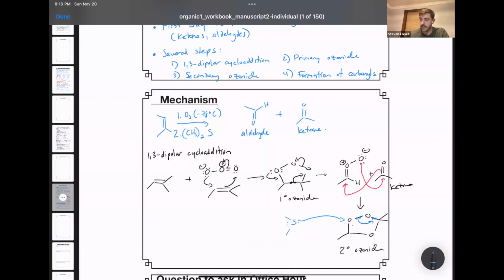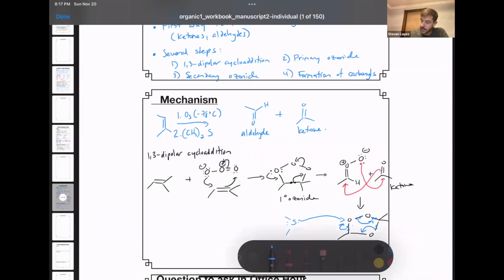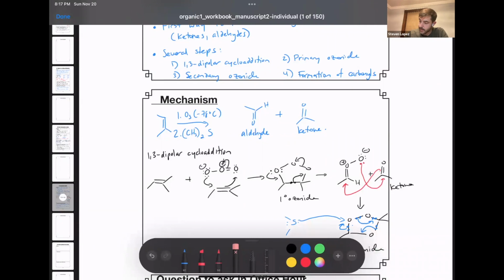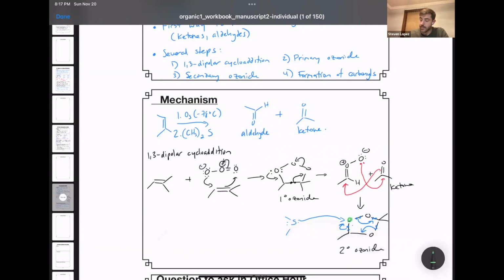And then this carbon-oxygen single bond that's shown here will migrate here to reform that carbon-oxygen double bond. And finally, the two electrons that are in this carbon-oxygen bond will move up to release that oxygen.